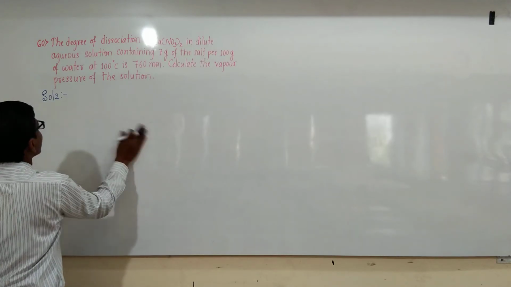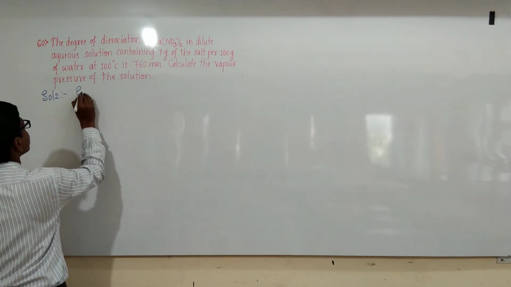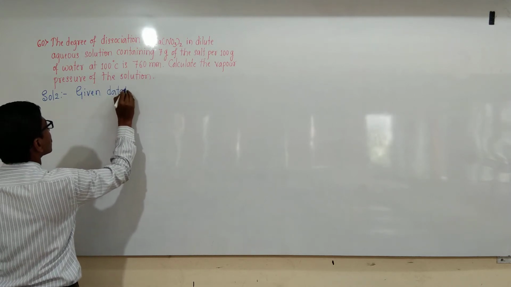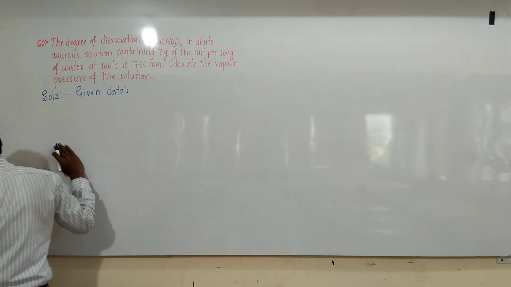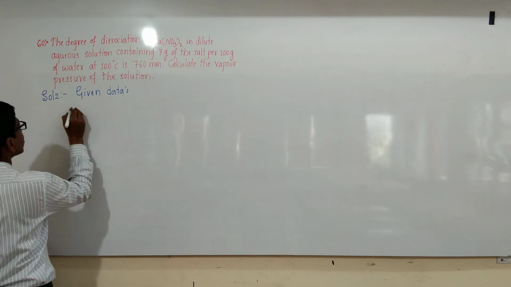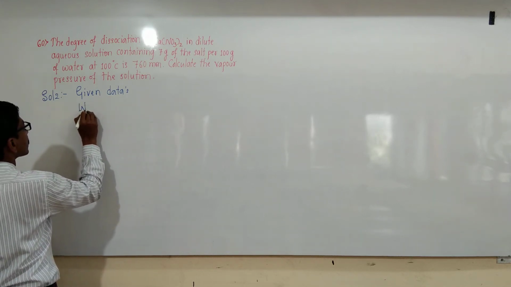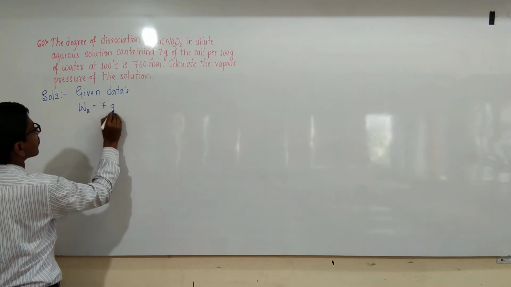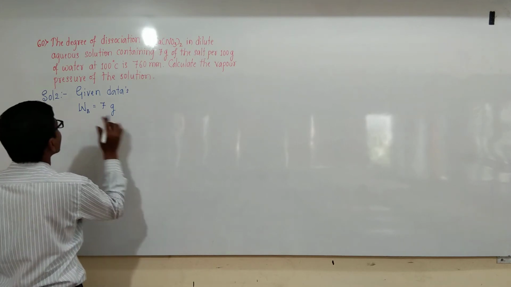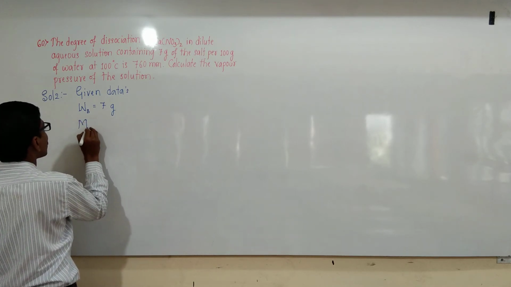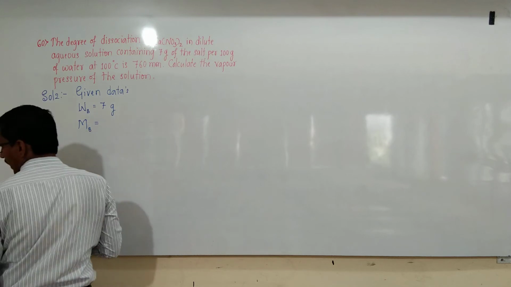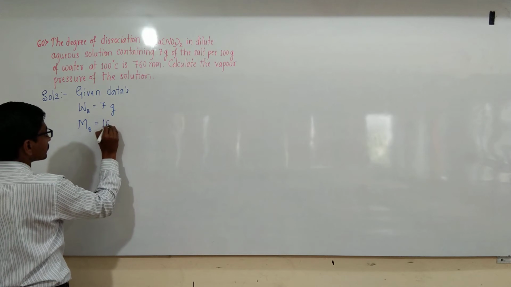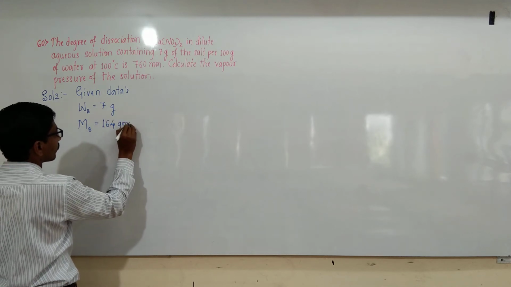First we will write what are the given data. Given data are weight of the solute, WB, that is 7 gram, and molar mass of calcium nitrate MB is 164 gram per mole.